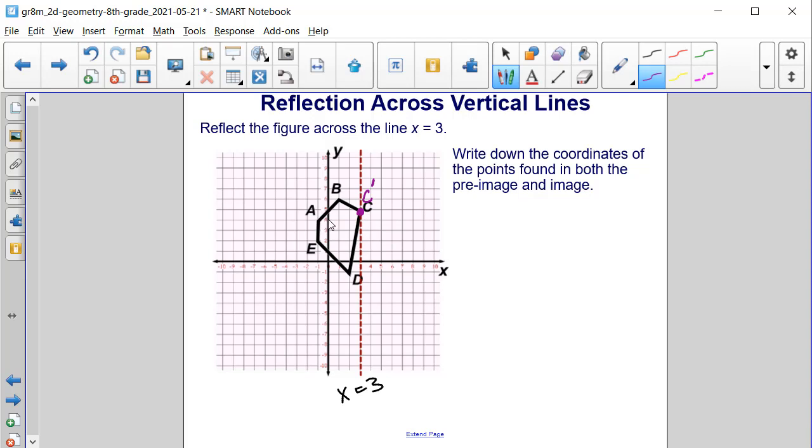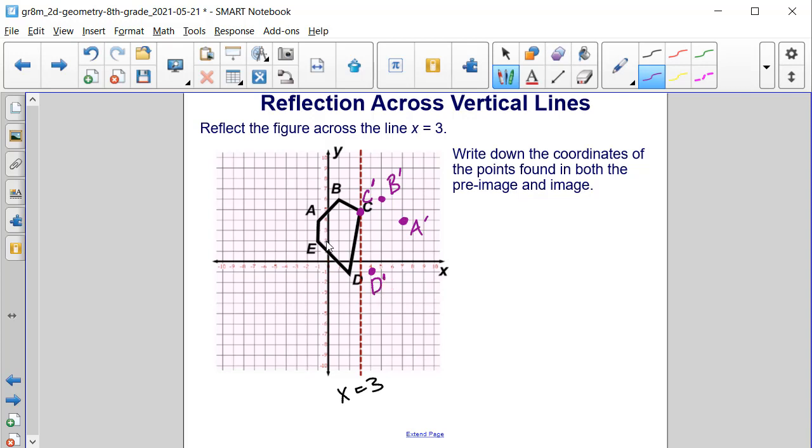Now let's find out where all the other points are going to be. So A, we have to go 1, 2, 3, 4 to get to the line of reflection. So we have to do that again. 1, 2, 3, 4. So here's where A prime will be in this case. B, we have to go 2 to get to the line of reflection, so 2 more. We'll put B prime up here. We already did C prime. D prime has 1 unit, so we have to go 1 unit further.